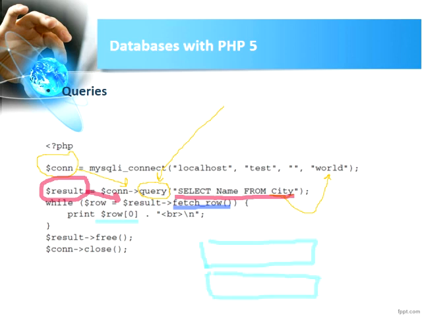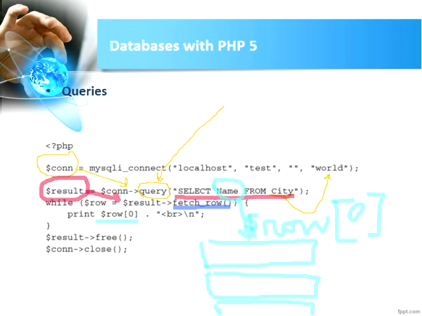So how many columns in our case? Only one. Why? Because we select only name. So name here means row 0, because we have only one column. So row 0 means the first column of our row.